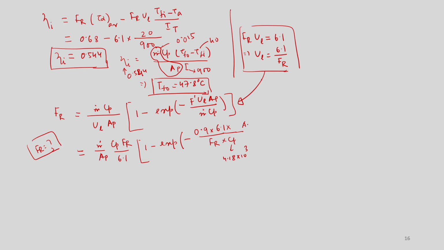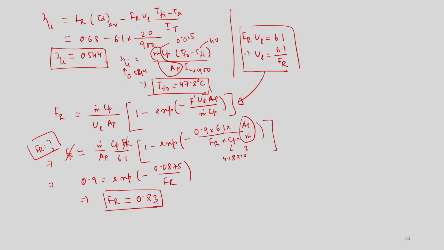So, if we substitute, this FR and this FR go off. Once we simplify, we get something like 0.9 is equal to exponential of minus 0.0875 by FR. We can calculate FR by taking ln, or log. It will be 0.83.